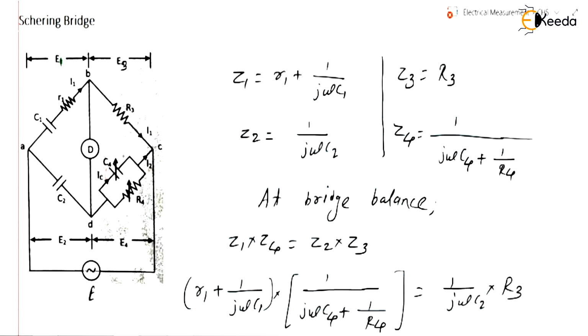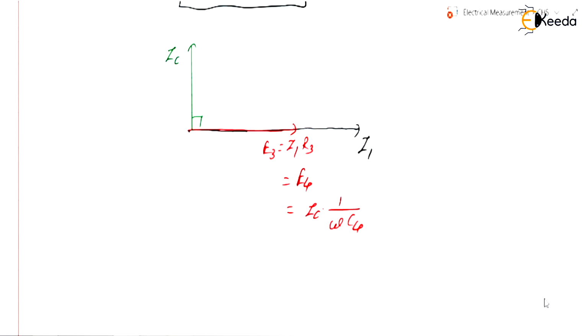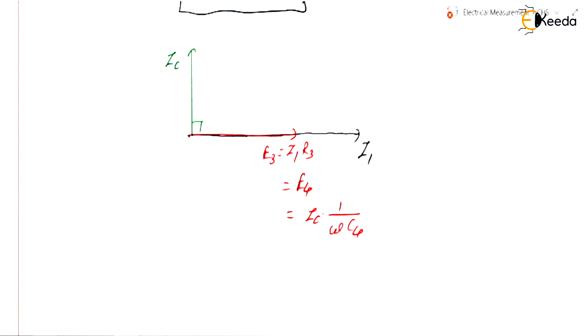Here we can draw the phasor for I1 into R1. Next, I1 into 1 upon omega C1 will be lagging, like this.